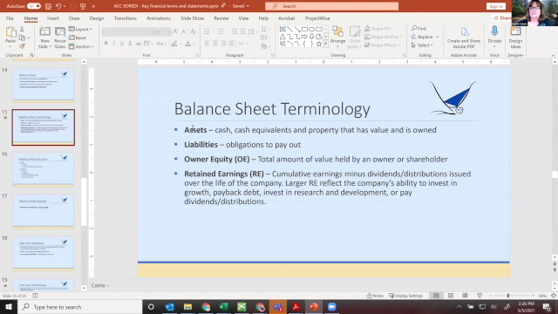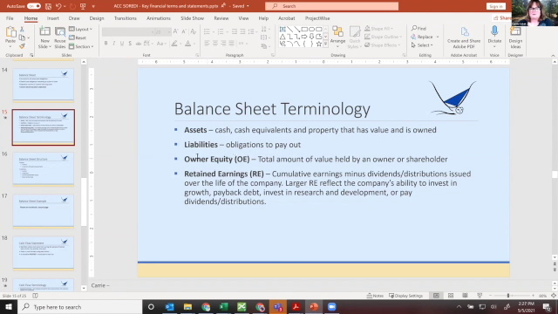Key terminology on here: we've touched a little bit already on assets, which are things such as cash or cash equivalents or property that has value and is owned, versus liabilities, which are your obligations to pay out. Depending on whether you are using a cash basis or accrual basis form of accounting, these numbers can be slightly different. Two other areas that are really important on the balance sheet are owner equity and retained earnings.